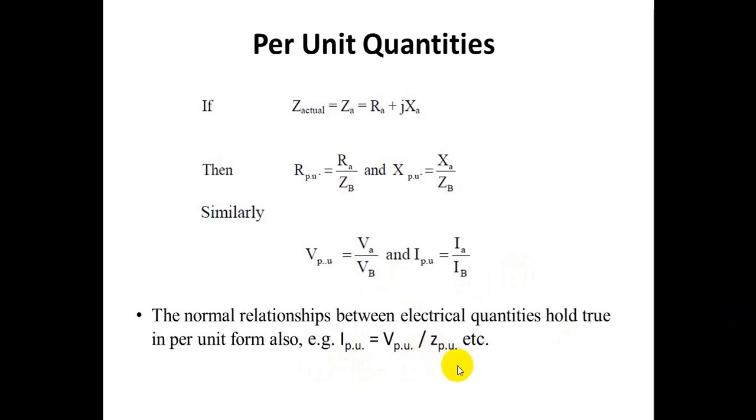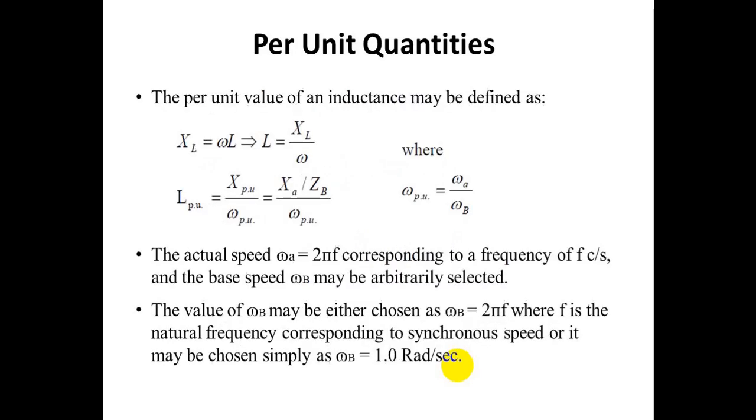So wherever applicable, Ohm's law will be applied; the power, voltage, impedance, all the general relations will be similarly applicable in per unit form. So there is no confusion or any new thing that you have to apply. We just have to take a standard base value, and keeping it as a standard, derive the remaining parameters and then convert them into per unit.